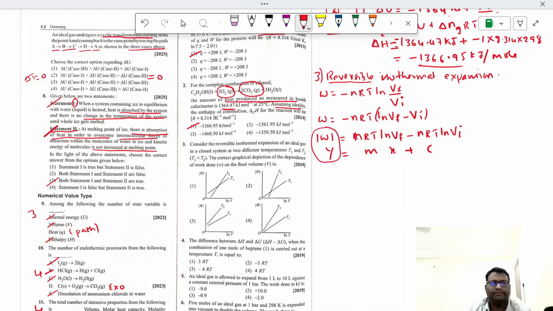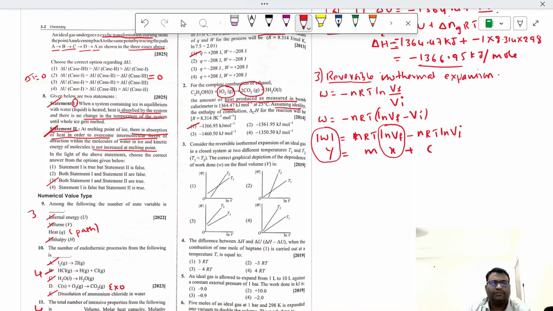Work done. On the x-axis, what is taken? Log V final. So here the intercept is negative. Negative intercept means the graph must intersect on the negative y-axis.